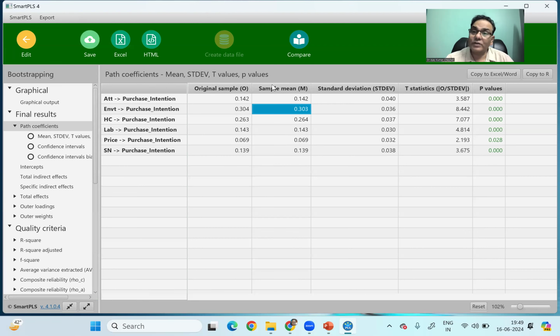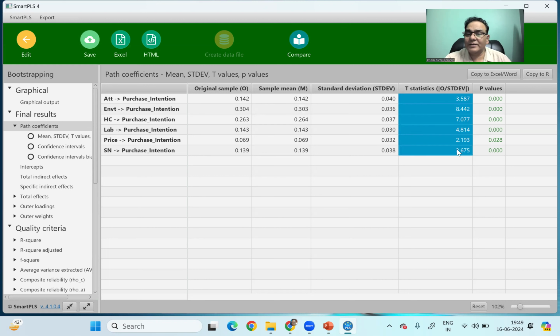But whenever you are reporting the sample mean, always remember this value should be slightly different from the value on the graph. People are not able to give this answer. So that's why I am telling you that sample mean is reported in the table and the original sample is reported in the graph. But hypothesis testing is done on the t-test.